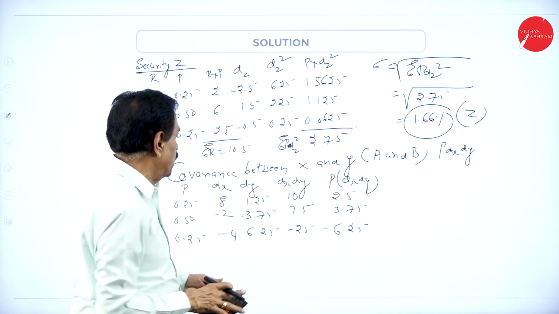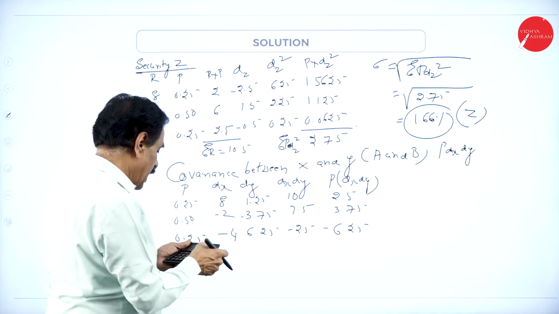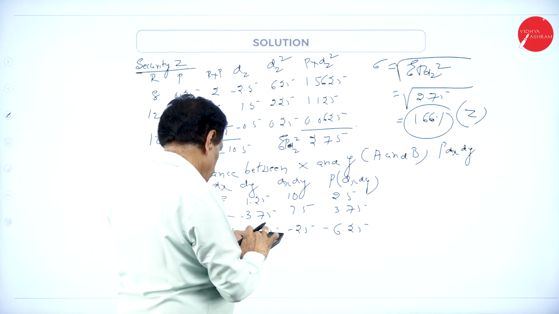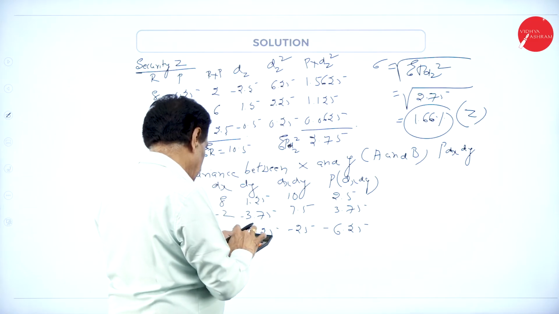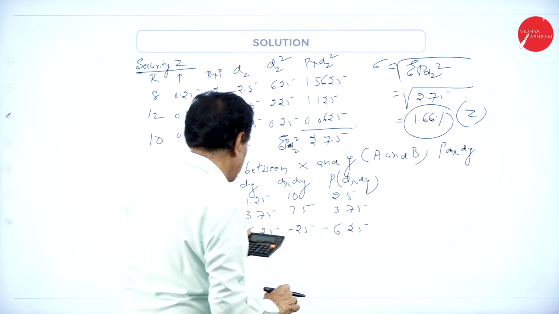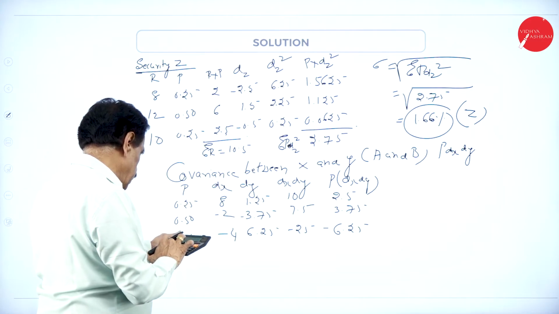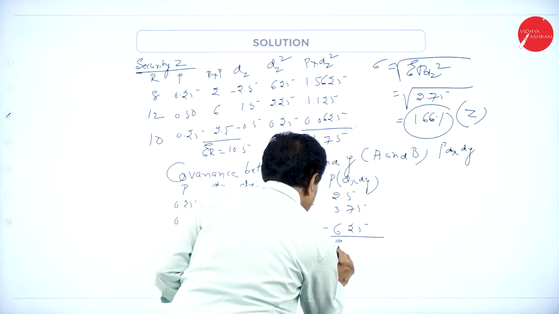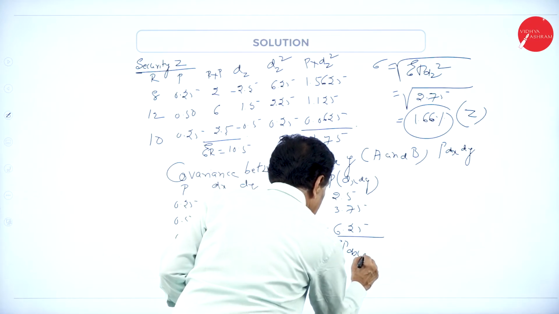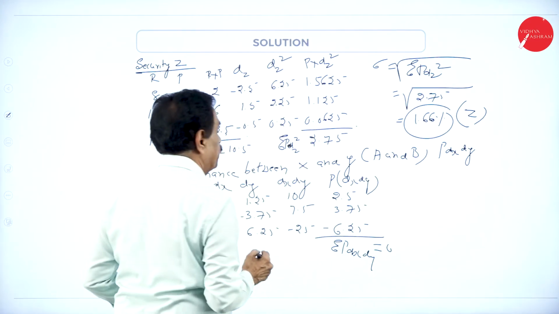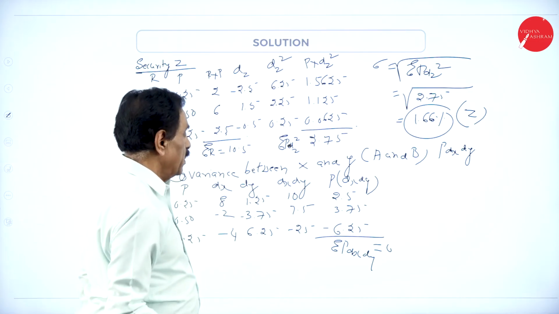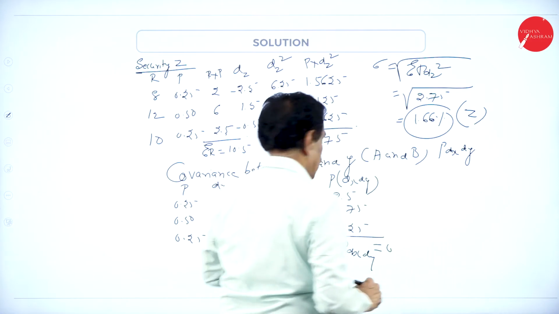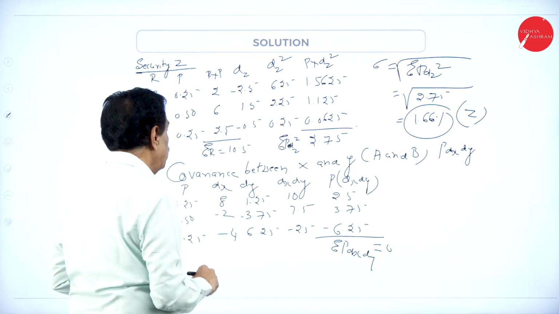This is minus. So if we add 2.5 plus 3.75 minus 6.25 is equal to 0. Sigma is 0. So this goes in favor of x and y.